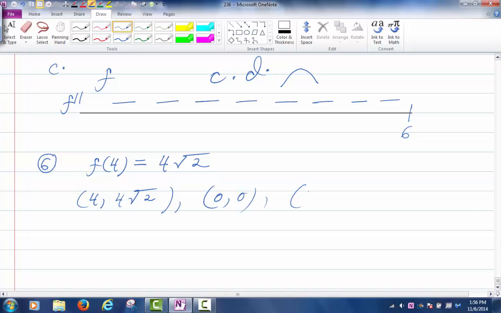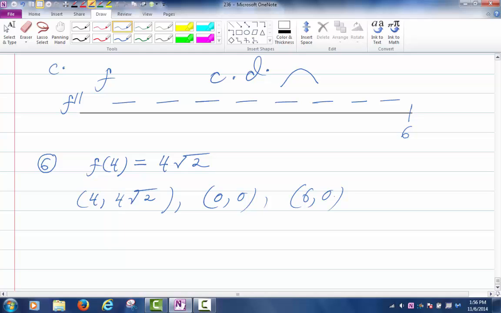I also have the intercept 6, 0, right? That's the point corresponding to the endpoint 6. These are points on the graph. I didn't get any points from the 5th step, right? At the fourth step I got the number 4, but at the 5th step I didn't get any interior critical points, right? So if I had one, I would have to compute the corresponding point.